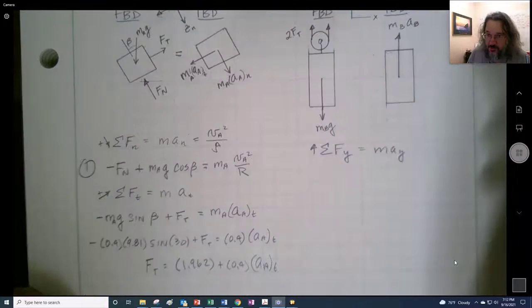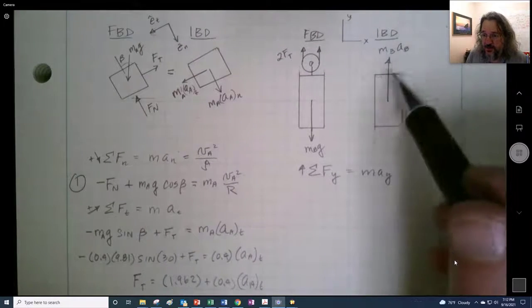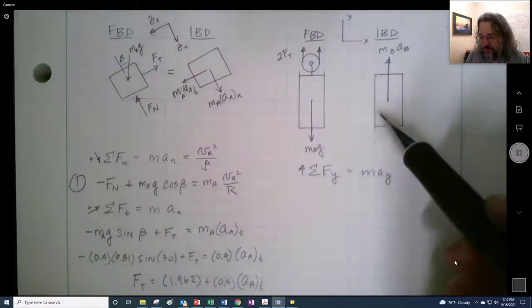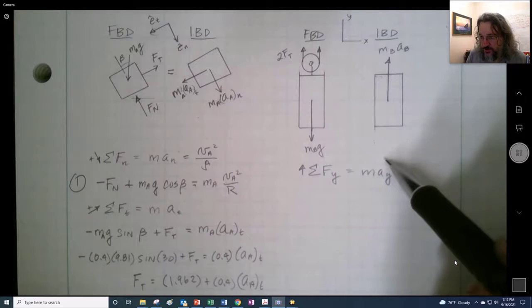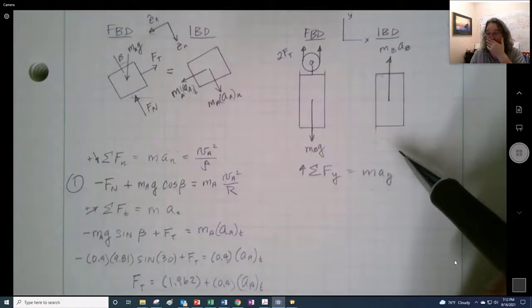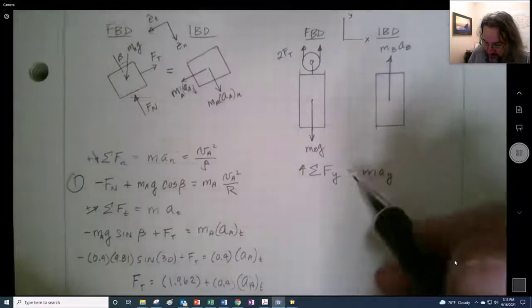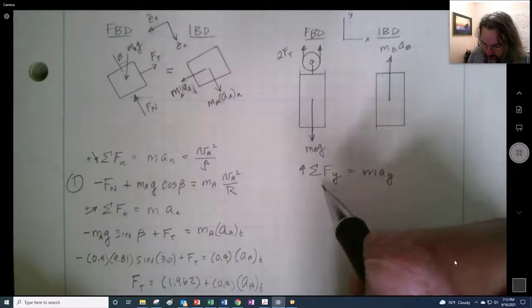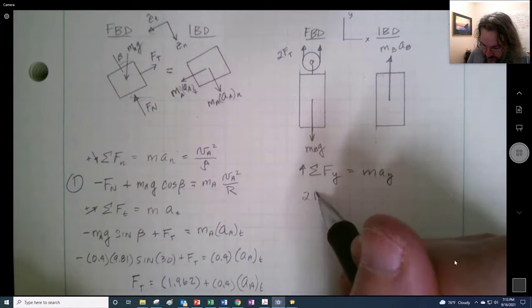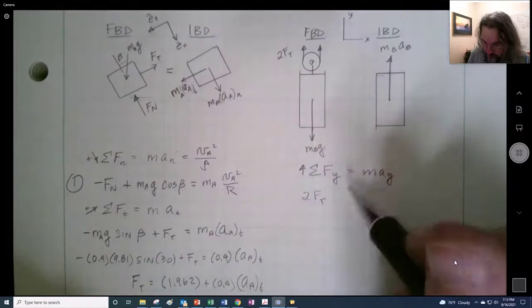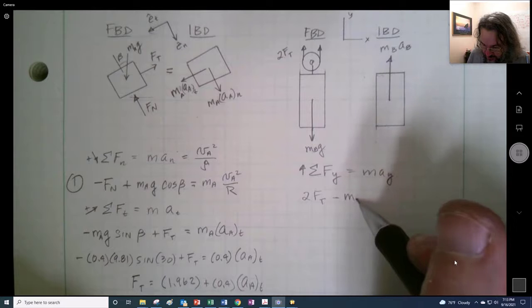Something I want to make sure that we emphasize is you could be tempted to think that the acceleration is downwards and is equal to gravity, but that's not where that goes. Gravity always goes on the left-hand side because it's a body force, the force of the Earth pulling down on things. So we have 2FT minus mbg.